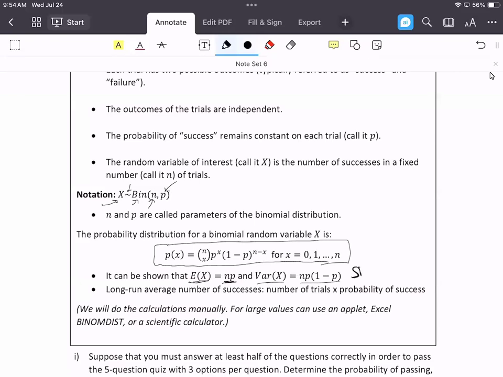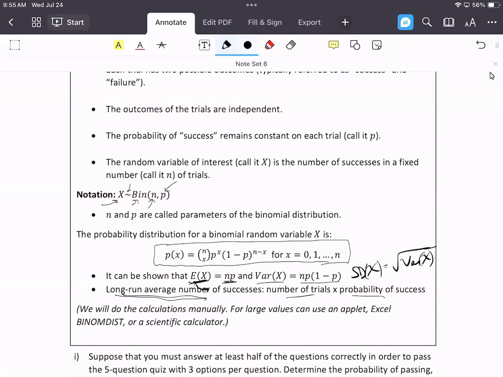So the standard deviation for that X is just the square root of the variance, don't forget. The long-run average number of successes, that's the expected value, is just the number of trials n times the probability of success p.